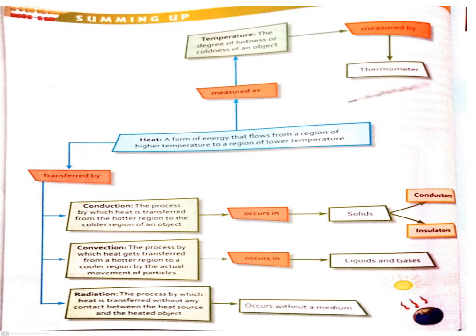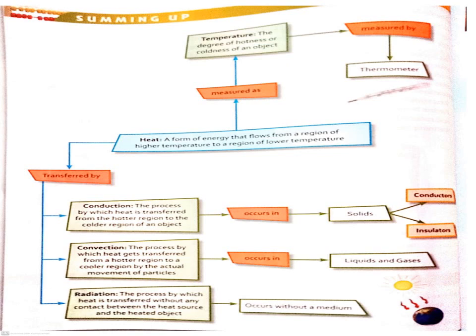Next, coming to heat. Heat is a form of energy that flows from a region of higher temperature to a region of lower temperature, and heat can be transferred by three modes: conduction, convection, and radiation.